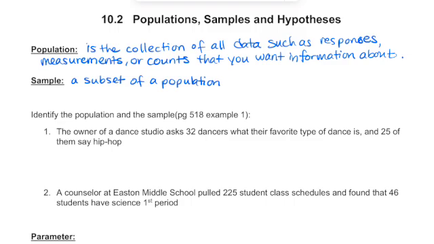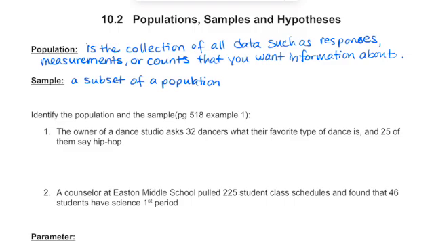It's important for a sample to be representative of a population so that the data can be used to draw a conclusion about the population. And when the sample is not representative of the population, the conclusions may not be valid. Drawing conclusions about populations is an important part of statistics. Remember, statistics is the science of collecting, organizing, and interpreting data.